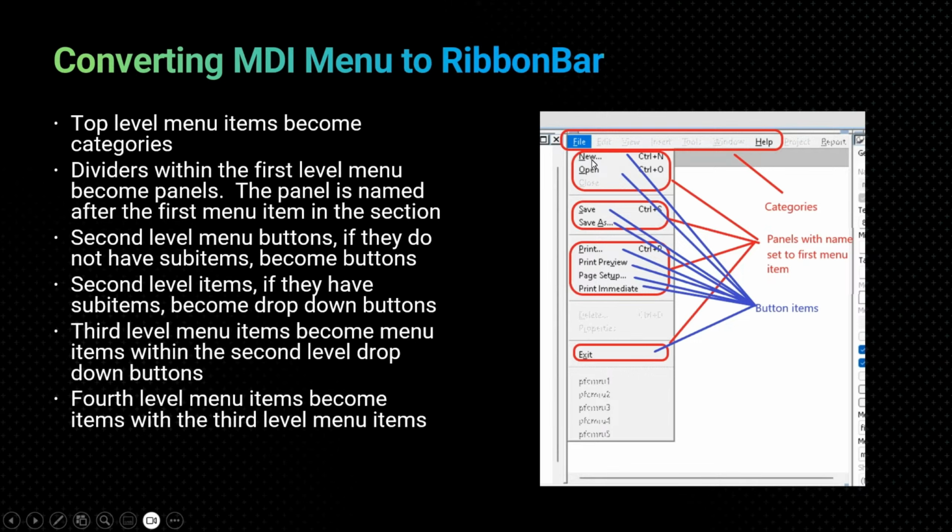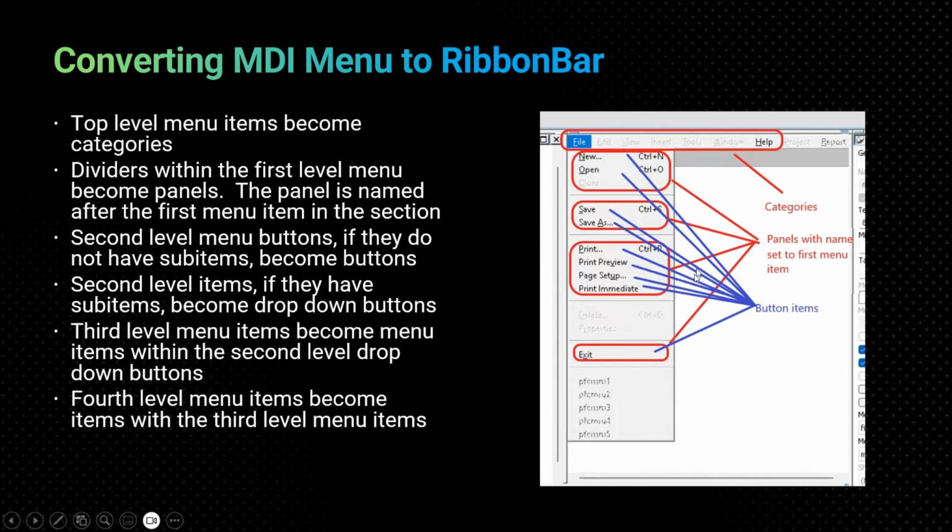Then all of these items will become buttons within that panel, unless they've got submenu items. None of these actually have a submenu item, so these would all become buttons. But let's say Print Preview here actually had submenu items. Well, it would become a drop-down button then.